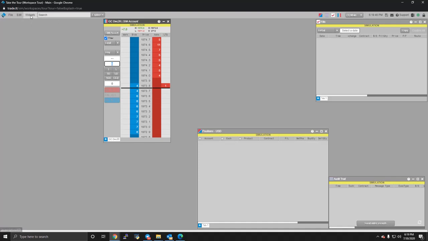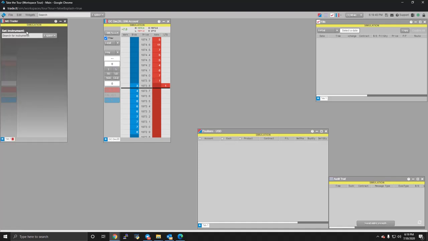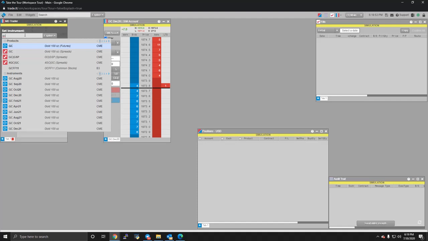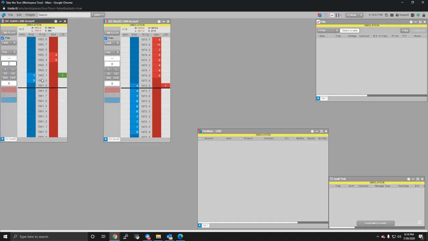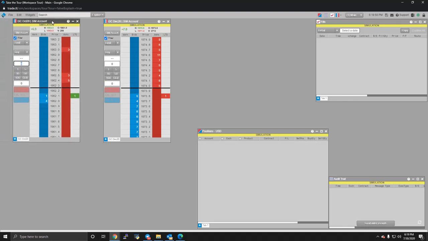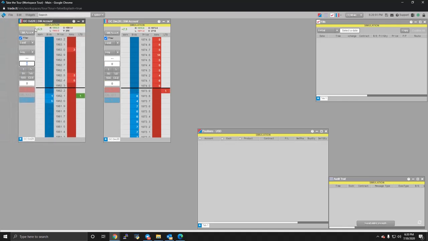So let's open up another MD Trader window and look at GC October 2020. So we can see the order book in GC October 2020 is less liquid than the order book for GC December 20.